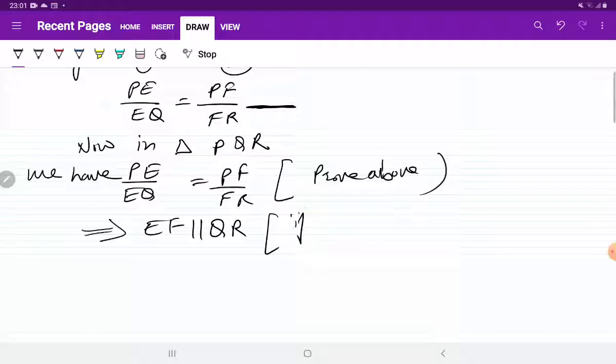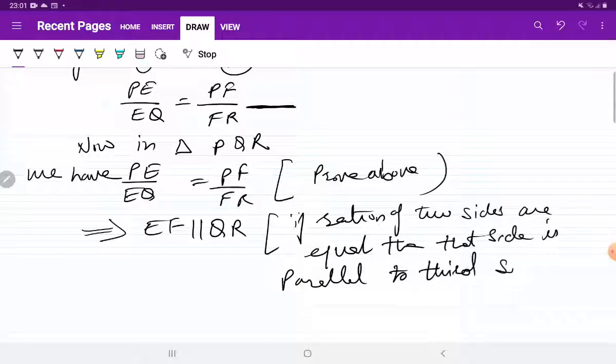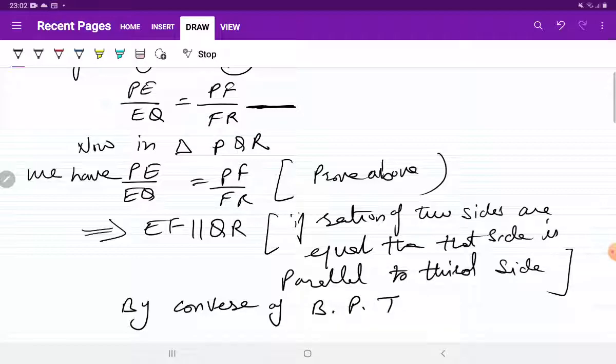If the ratio of two sides is equal, then that side is parallel to the third side, by the converse of the basic proportionality theorem.